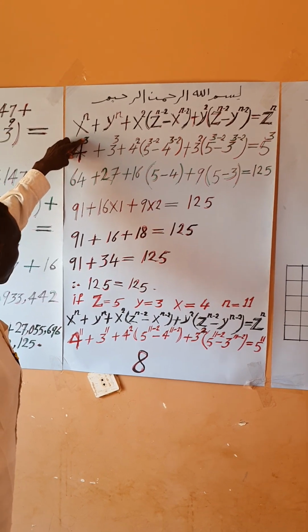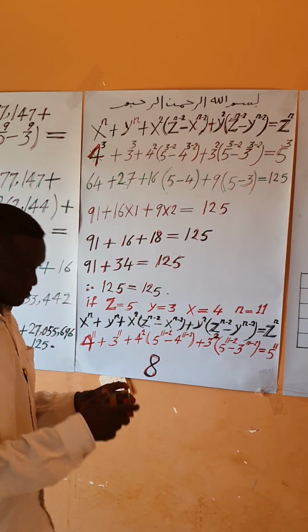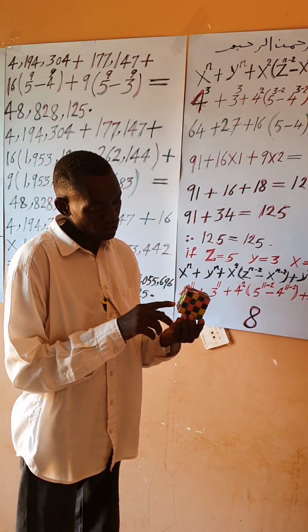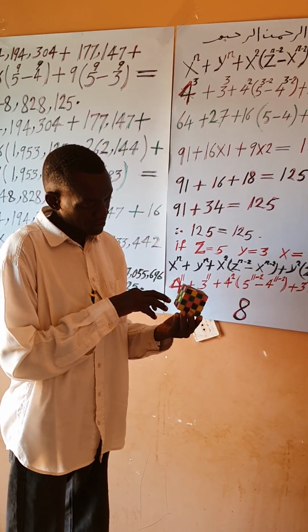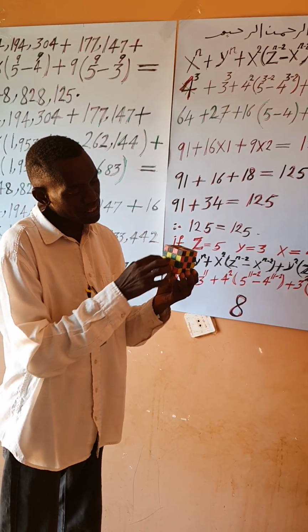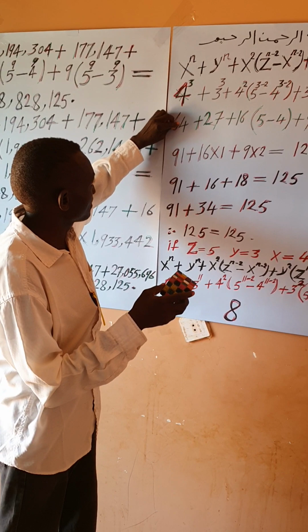4 cubed means this: 1, 2, 3, 4. 4 times 4 times 4. This 4 times this 4 times this 4 equals 64.